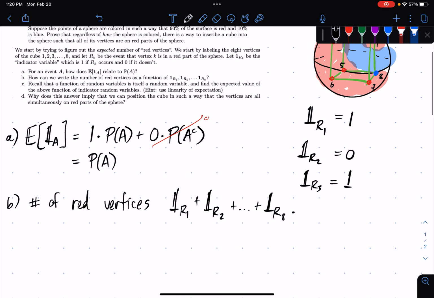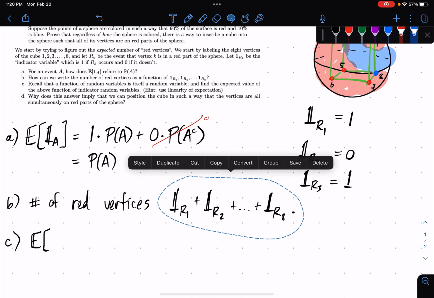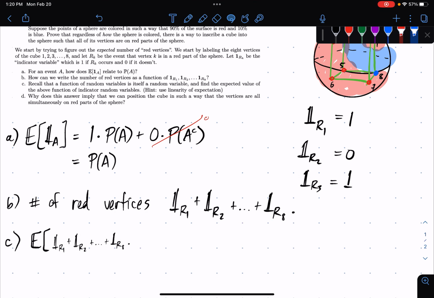Okay, and now what's C asking for? C is saying, okay, that function is also a random variable. Let's just copy that in there. Maybe let's make it a little smaller. This is also just a random variable. So we're allowed to compute the expected value of that. That makes sense.